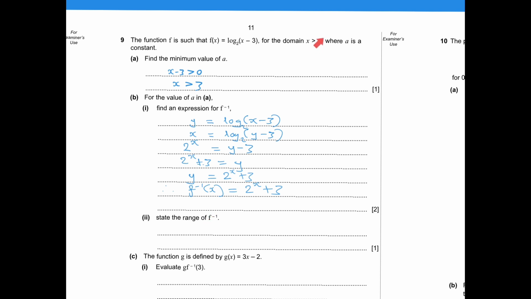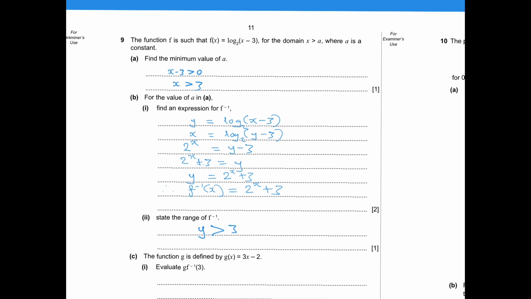So we are simply just going to take this and have it there. But of course, since we are talking about the range, we should use y instead of x. So we are going to have what? y should be greater than, our a is 3. So we are having here y is greater than 3. So that is the range of the inverse function. y is greater than 3.